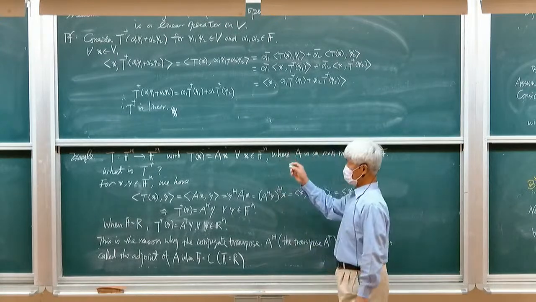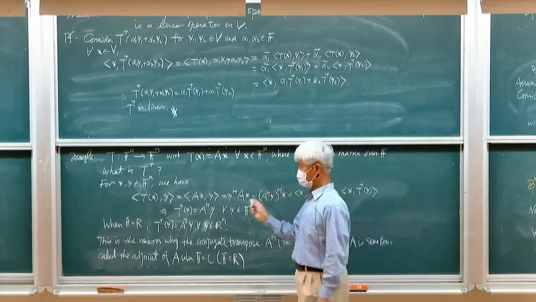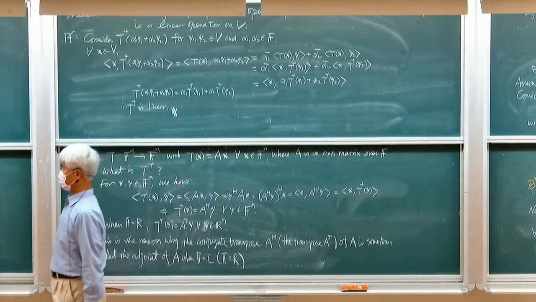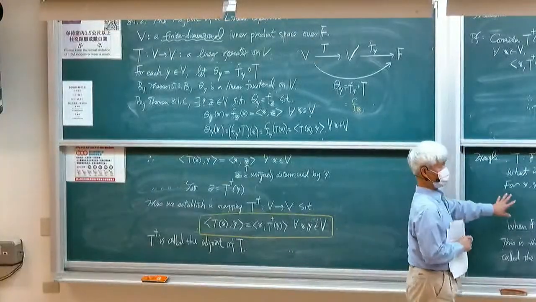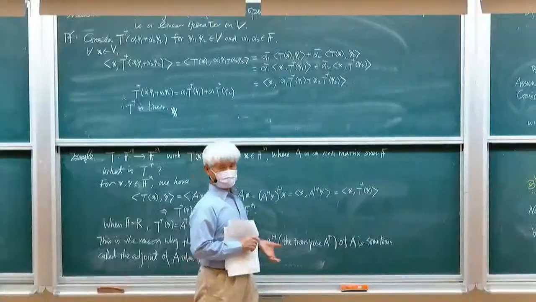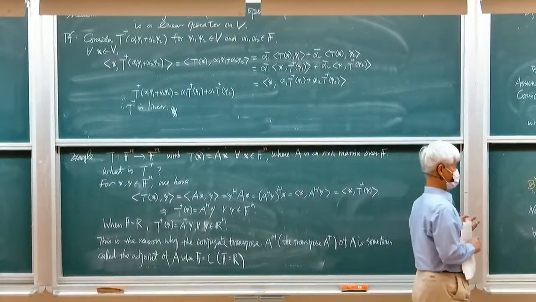So the adjoint is actually not a stranger to us, especially for linear operators on Euclidean space. This is a situation we encounter many times.